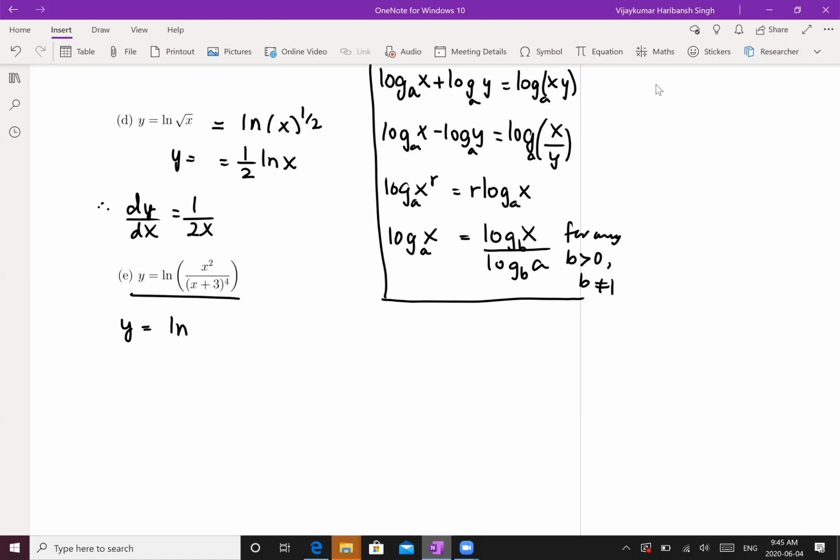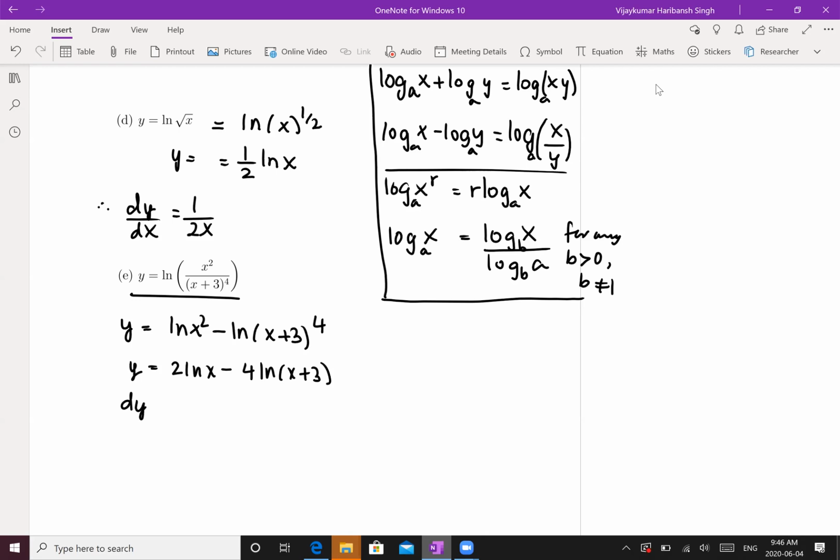So this is going to be log of x squared minus log of x plus 3 the whole power 4. Log of a by b is log a minus log b, right? So here log of x over y is log x minus log y. So this is going to be 2 ln x minus 4 ln of x plus 3. Note that no derivative is taken yet. We are just rewriting it so that taking the derivative becomes easy.